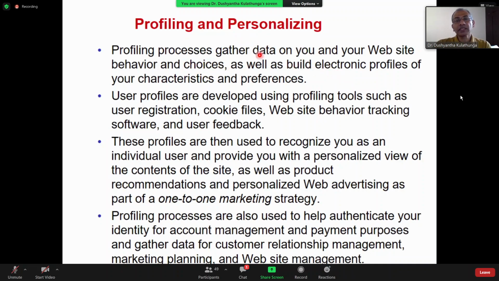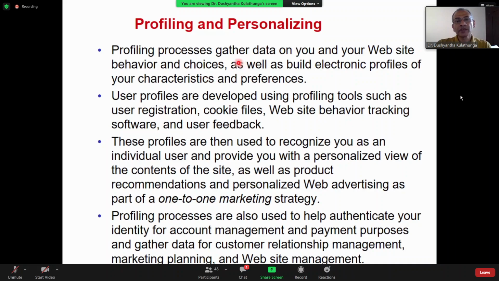Thereafter, after collecting these data, profiling and personalizing involves building electronic profiles of individual users containing their characteristics and preferences.